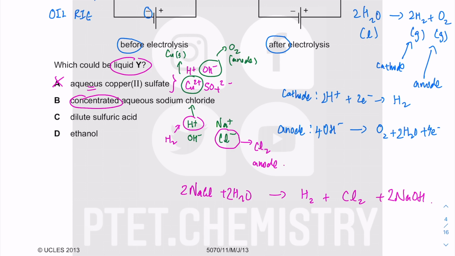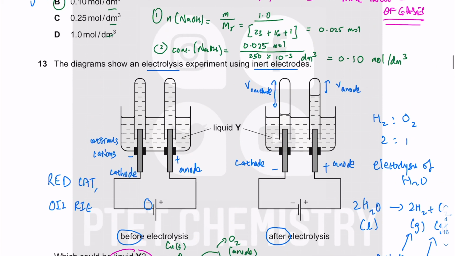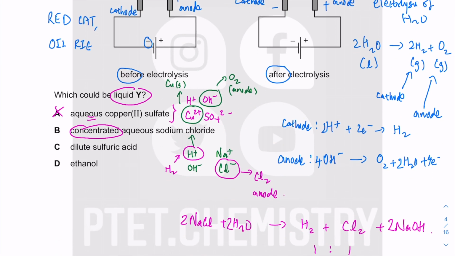So the gaseous ratio there is 1:1, whereas the volume shown here is 2:1, so it can't be that at all. Okay, so the question could be very tricky, and they ask you about what's the ratio. Well, based on the balanced equation, you should be able to tell the ratio of the gases at the cathode and the ratio of the gases formed at the anode. For concentrated NaCl electrolysis, it would be 1:1.